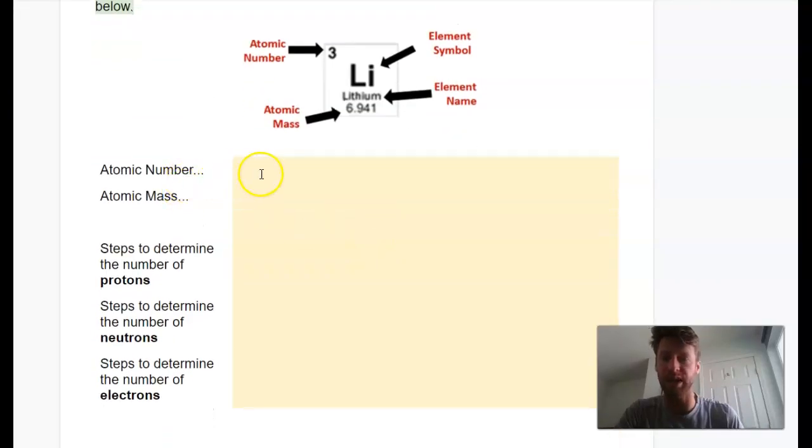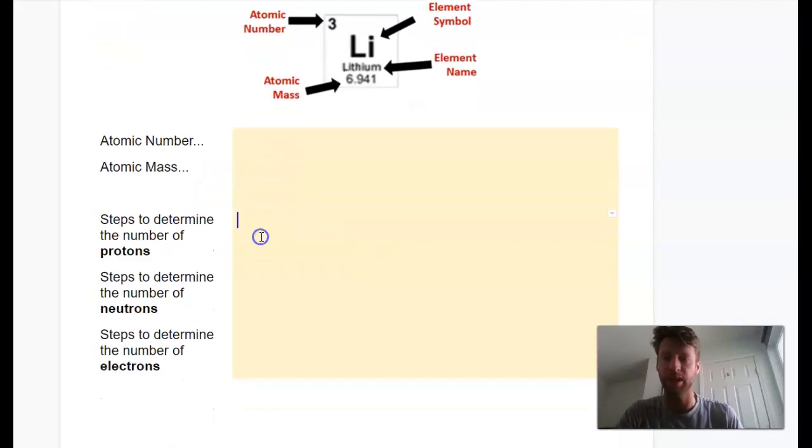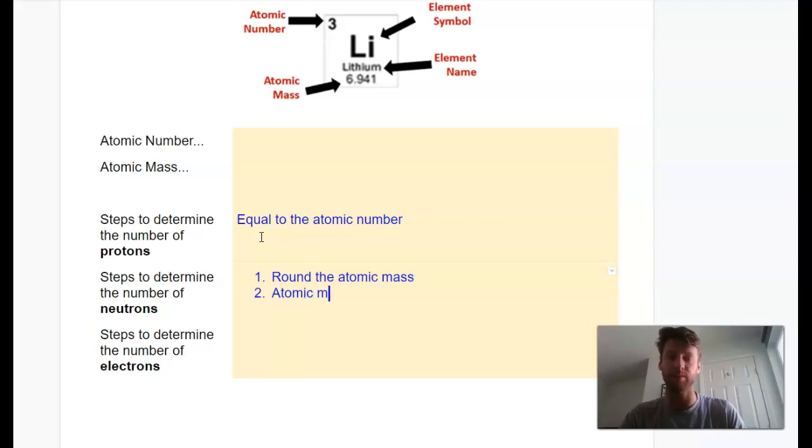You should have already filled out atomic number and atomic mass. Let's put down some steps. Protons are equal to the atomic number. For neutrons, there are 2 steps. First, you need to round the atomic mass. Second, you need to do the atomic mass minus the number of protons, which gives you the number of neutrons.